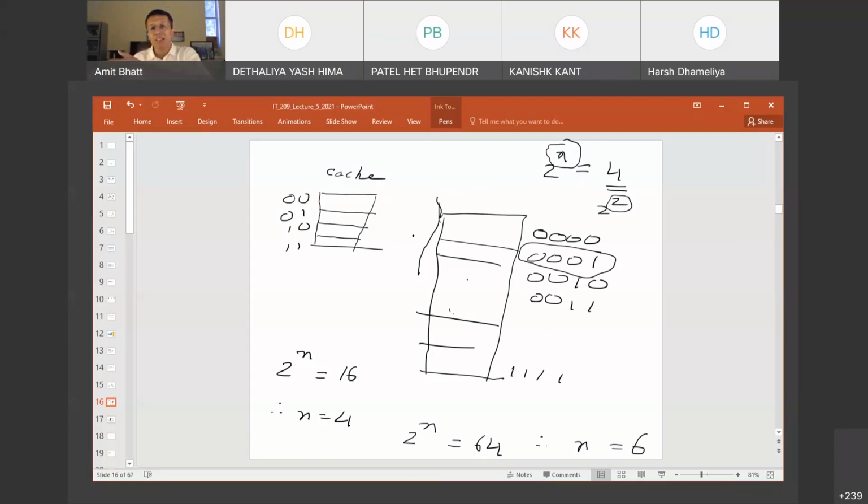Because you have to bring some data from main memory to cache, and take something back from cache to main memory. That is how the memory transfer works. But then someone would say, okay, where would 0001 go? There is no 0001. I mean, there are only 2 bits. So how do you map an address given in the main memory onto cache memory?